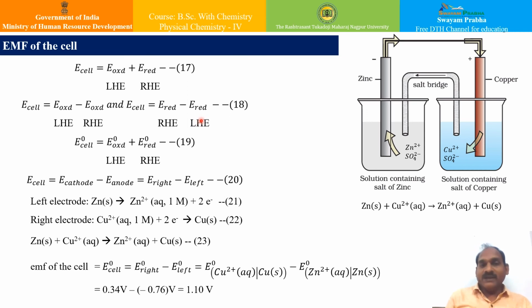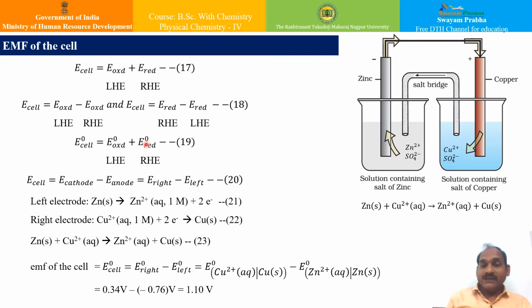Or simply, the standard cell EMF is equal to the standard oxidation potential at the left hand side electrode plus the standard reduction potential at the right hand side electrode.